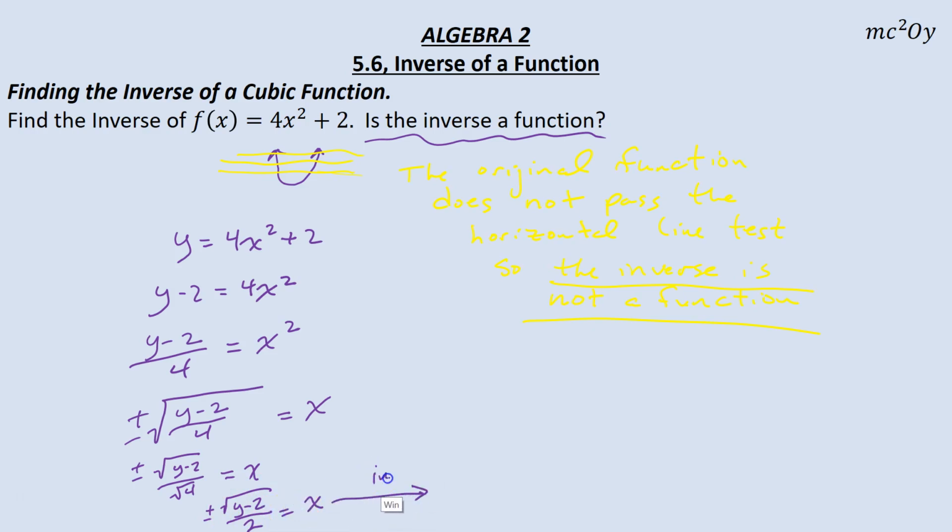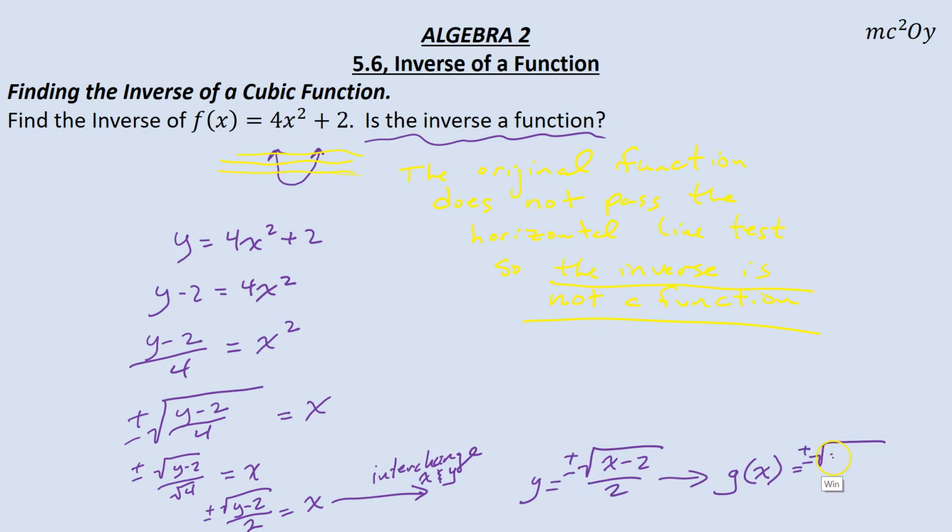Interchange or switch x and y to get y equals plus or minus the square root of x minus 2, over 2, which we're going to call g of x now. And we should have that plus minus. That's kind of a big deal there. There's the inverse.